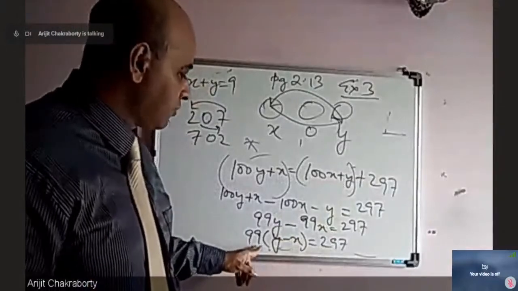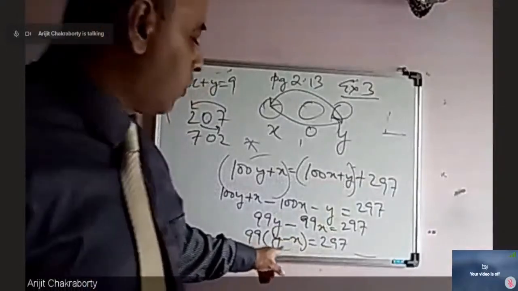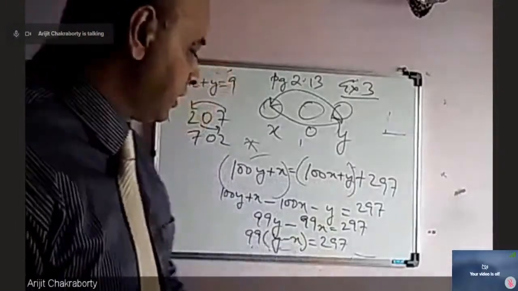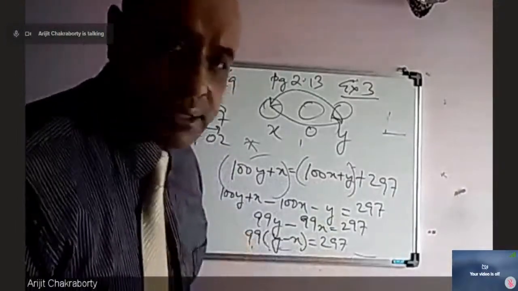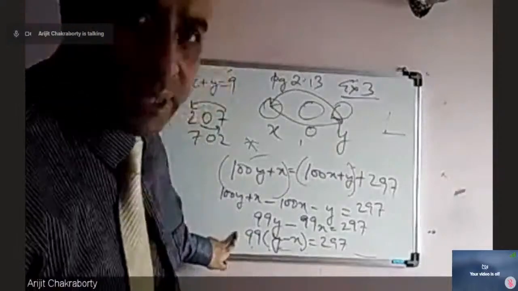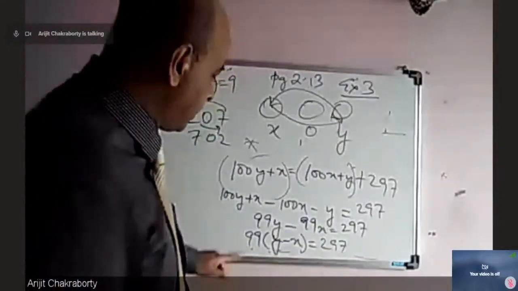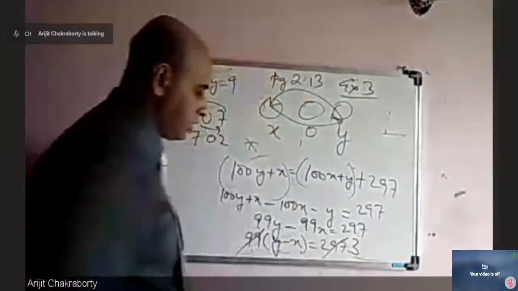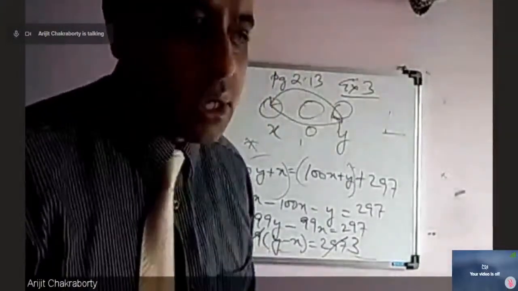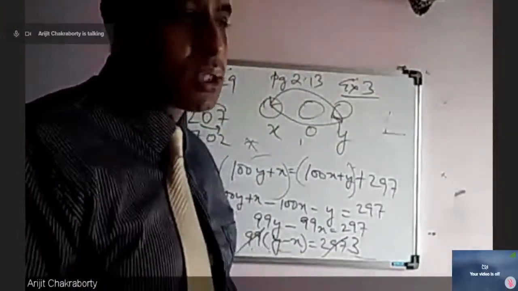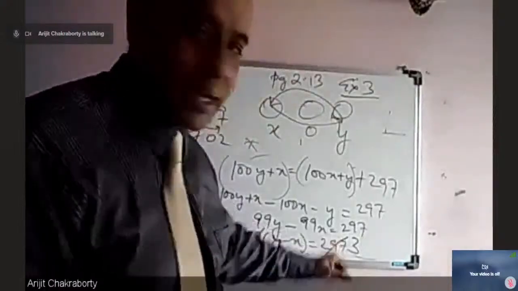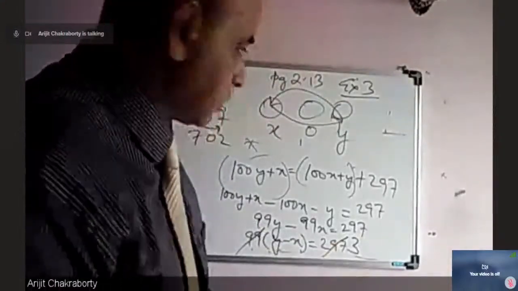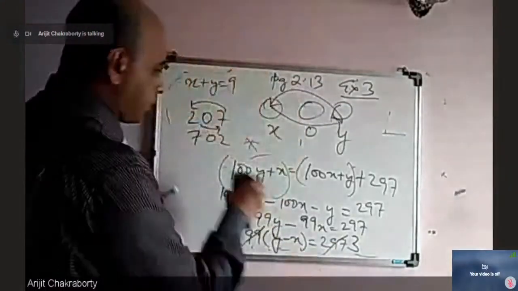So we have 99 into y minus x equal to 297. If you cancel 99, 99 into 3 is 297. So 99 becomes 3. So the equation becomes y minus x equal to 3. Okay? So the equation is y minus x equal to 3.